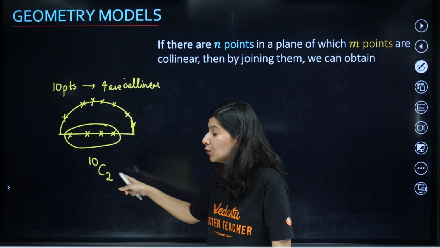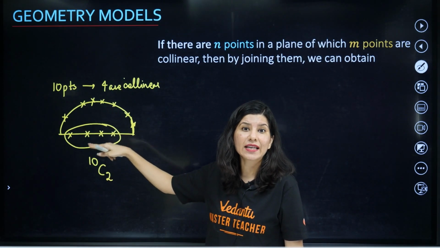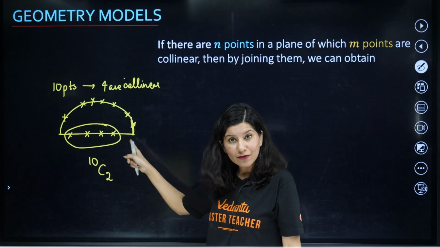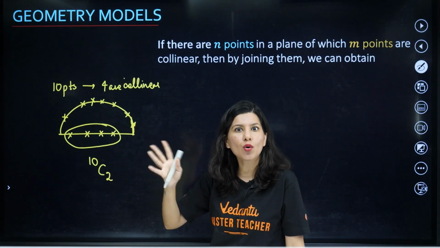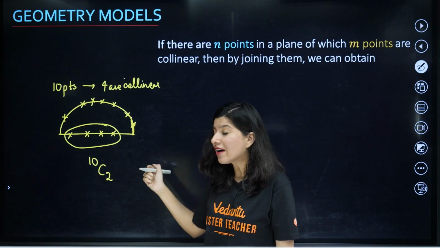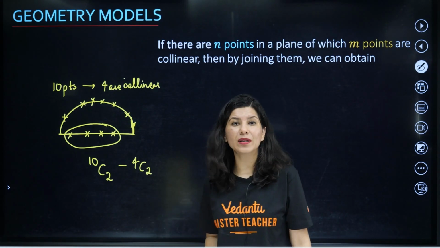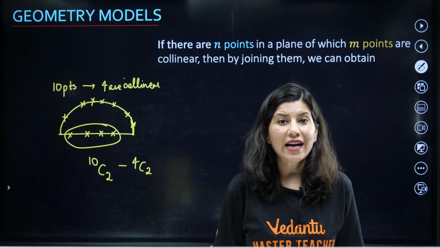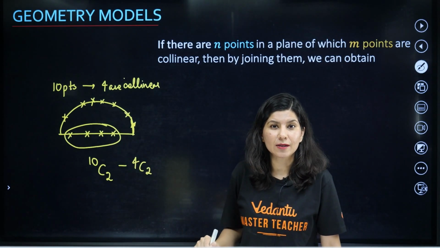But we have counted extra lines, because using these 4 points there is only one line, but here I have counted so many lines. So we have to subtract 4C2, the lines we have miscalculated using these 4 points.